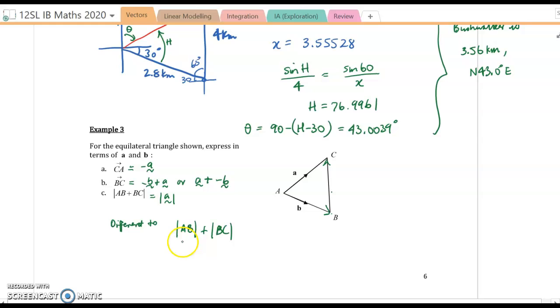Well, the magnitude of AB is A, and the magnitude of BC in this equilateral triangle will also be A. So the answer would be 2A. So note the difference between the magnitude first and then added, whereas these are the vectors added and then the magnitude.